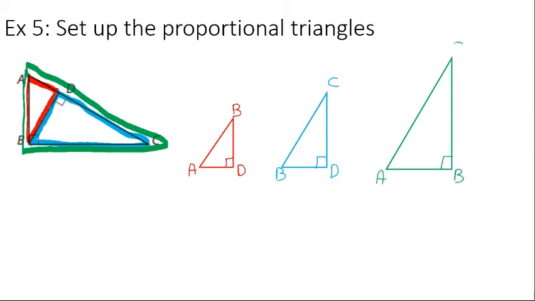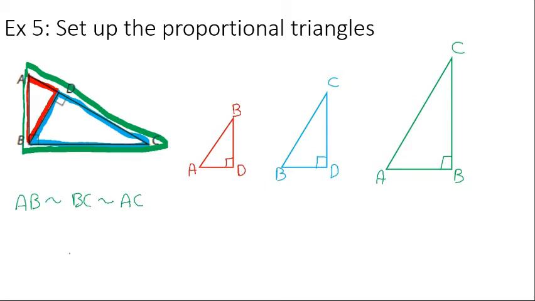And then C is up here. Okay, now so the similar sides here, we would say AB is similar to BC is similar to AC. Okay, so that's the hypotenuse side right there.